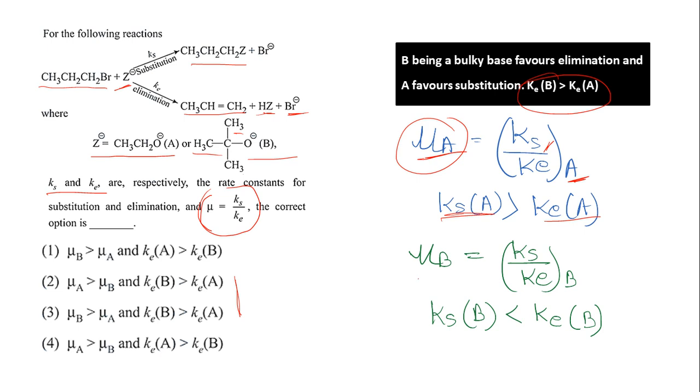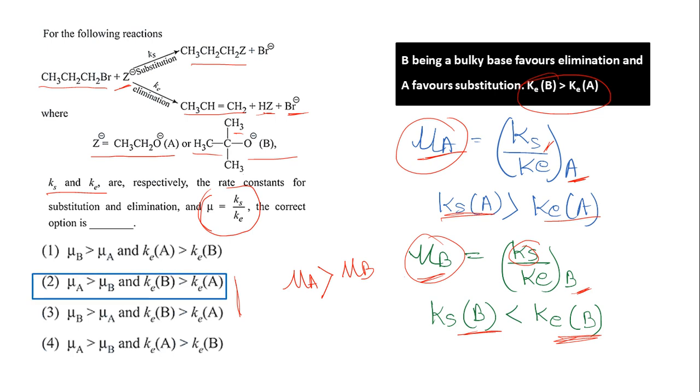But when it is the second nucleophile, that is B, mu B is the ratio of Ks by Ke, provided the nucleophile is B. So in this case, Ks for B is lesser than this one. That means this ratio is less than 1. So obviously mu A greater than 1, mu B less than 1. So what you can say? Mu A is greater than mu B, and that you can find in option 2, because we just have to choose between 2 and 3. This is the correct option.